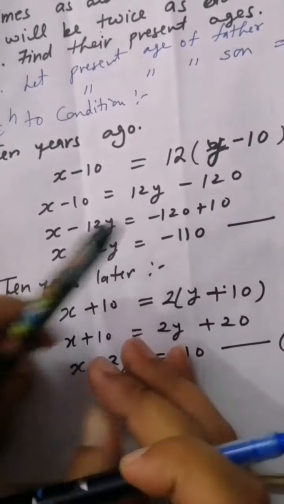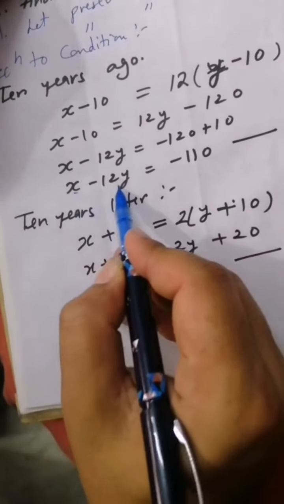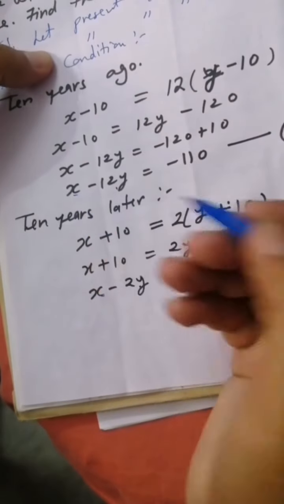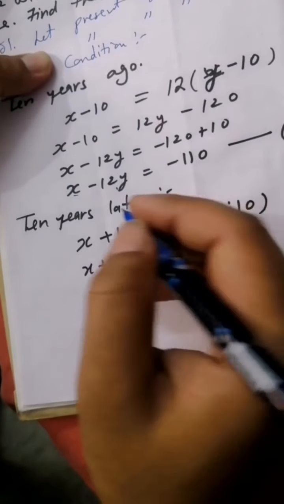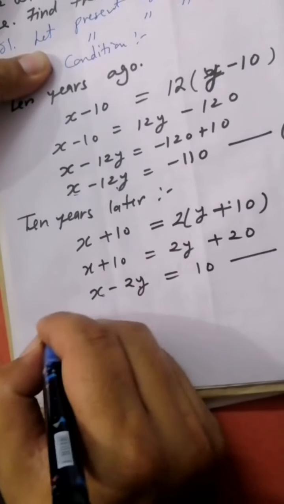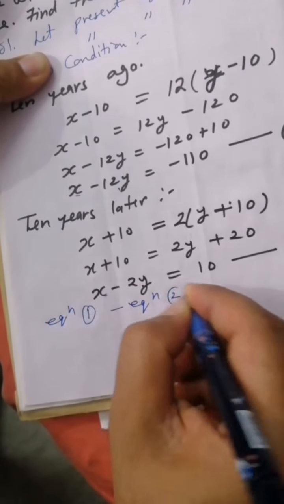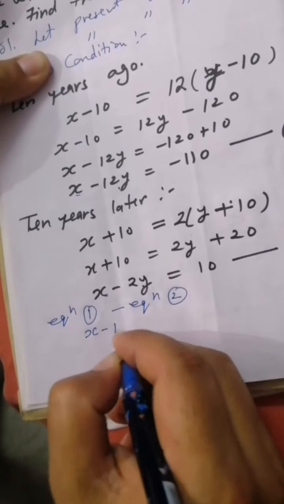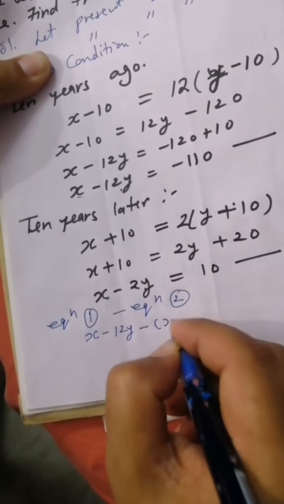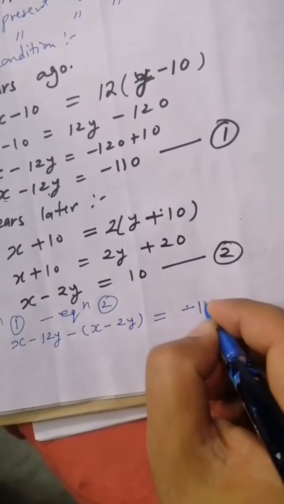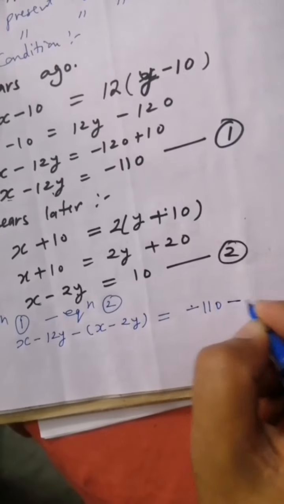Now again you can solve equations by any method. Here you can see x minus 12y and x minus 2y. The coefficient of x is the same in both equations, so by using a simple method we get equation 1 minus equation 2. So it will be x minus 12y minus (x minus 2y) equals minus 110 minus 10.